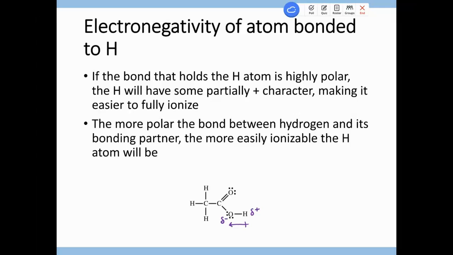So, to read what's on the slide, if the bond that holds the H atom is highly polar, the H will have some partially positive charge, making it easier to fully ionize to H+. And the more polar the bond between hydrogen and the other atom it's bonded to, the more easily ionizable the hydrogen will be, which means more acidic.